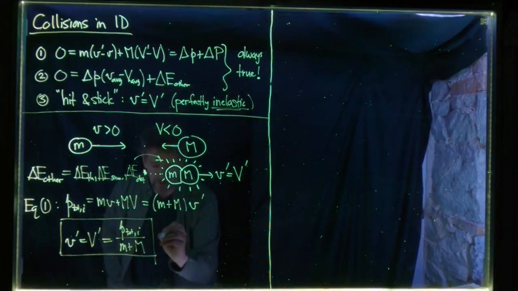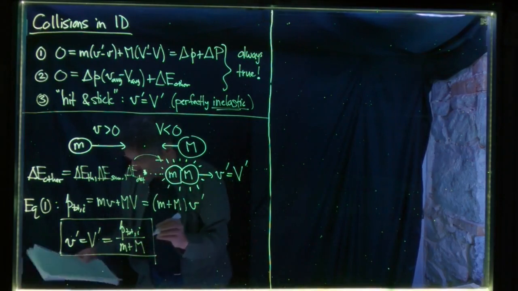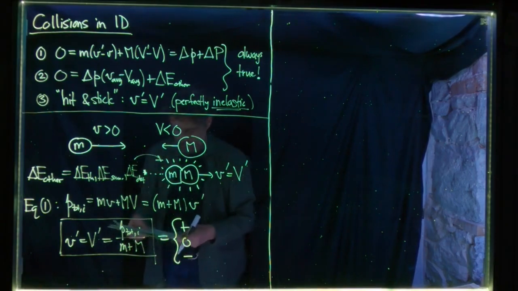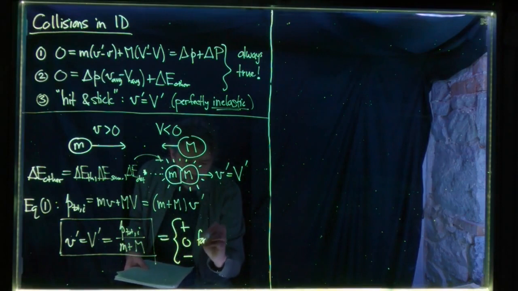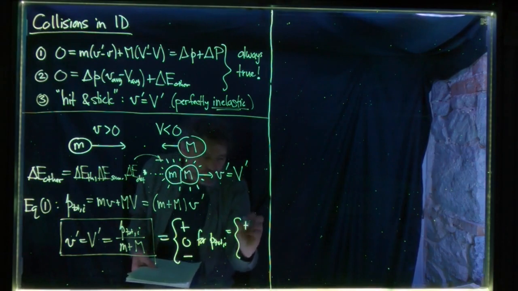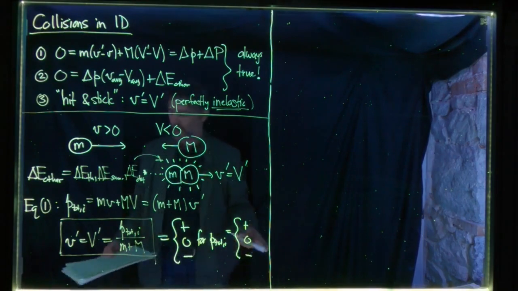So you can see that this can be positive, 0, or negative according to the sign of P total initial. So P total initial is positive, 0, or negative.